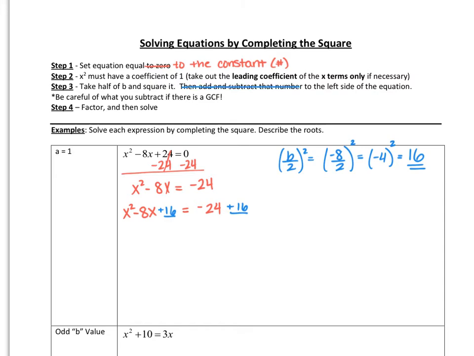But what we're going to do instead is add that number to both sides of the equation, which we did, right? We added it here, 16 and 16. We did that so that we can create our perfect square trinomial. And then all we're going to do is factor and solve.